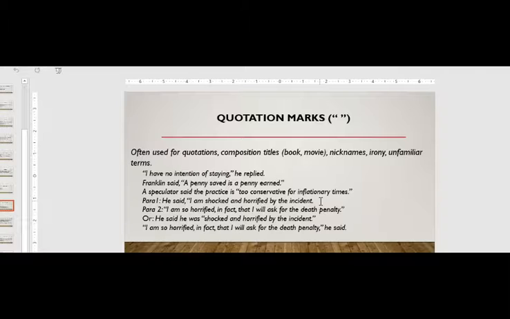I avoid that as much as possible, but if I did go to a second paragraph with a direct quote, I would still avoid this punctuation. Even though it's correct, some people may not think it is.